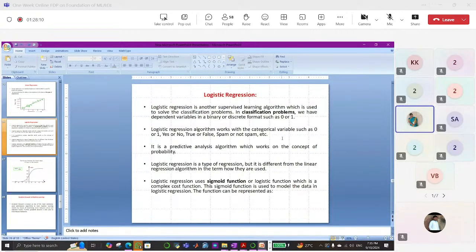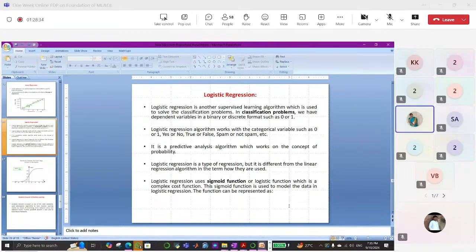It is a predictive analysis algorithm which works on the concept of probability. That's why here we are considering the sigmoid function. In logistic regression, we are using the sigmoid function, which is a complex cost function. This sigmoid function is used to model the data in logistic regression.